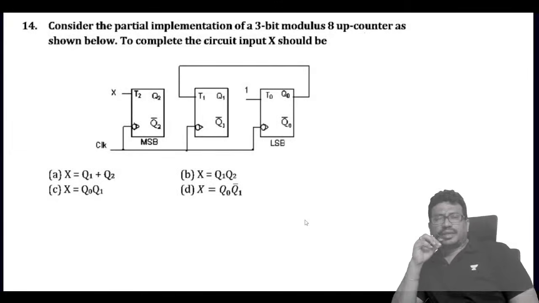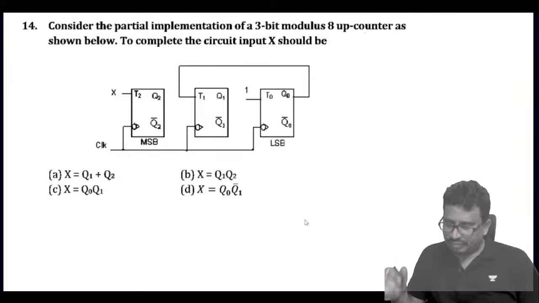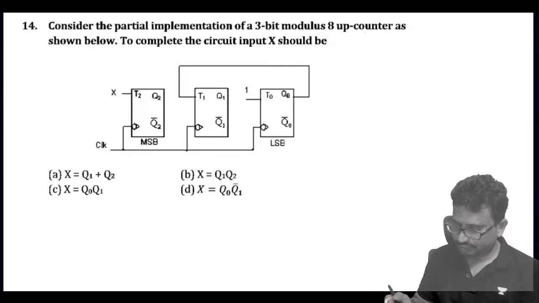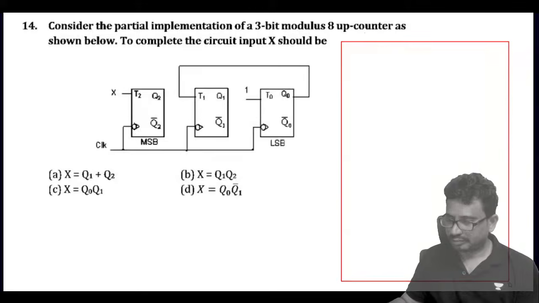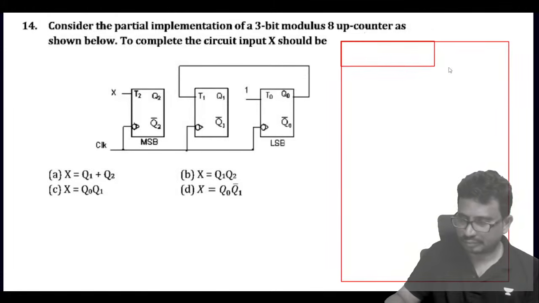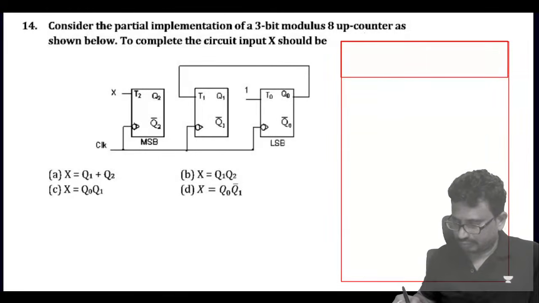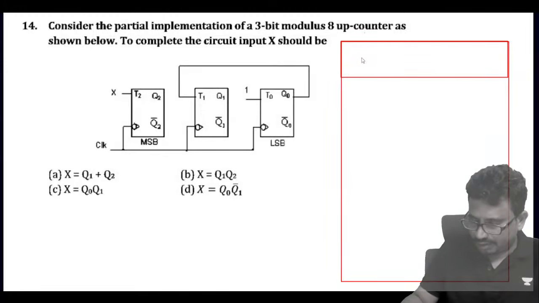Next, consider the partial implementation of a 3-bit mod 8 up counter shown below. To complete the circuit, input X should be, X value they are asking. We need to design it. Now you tell me now here. So we need to get what?